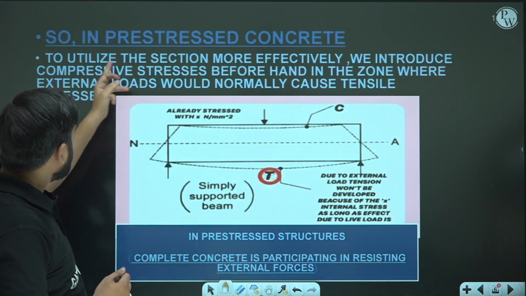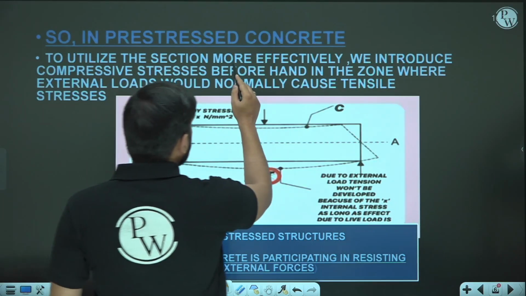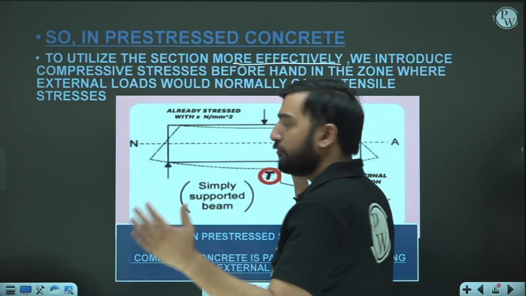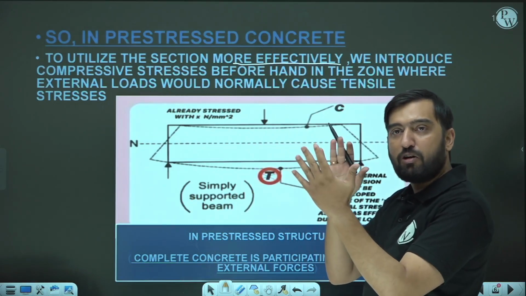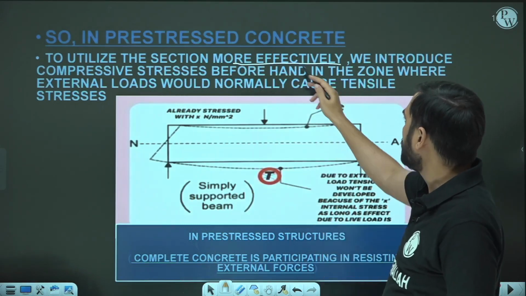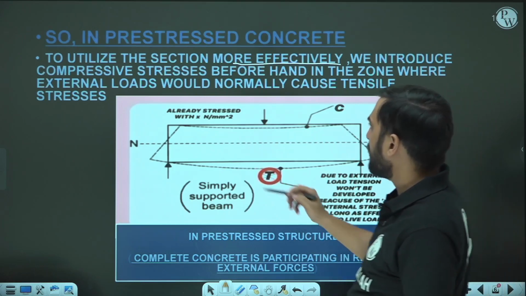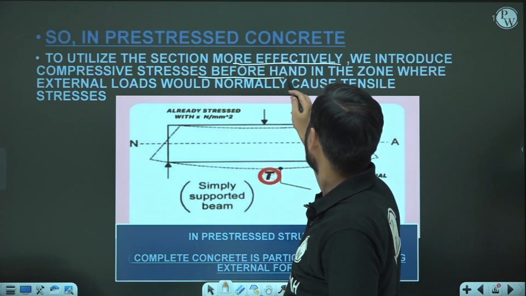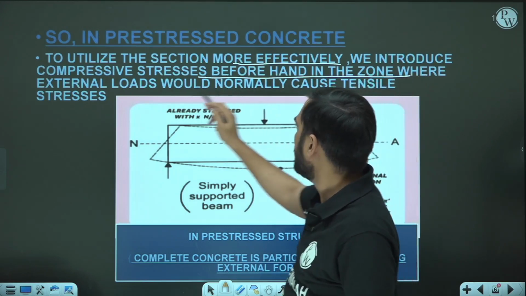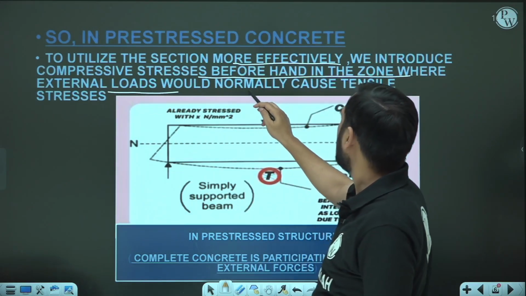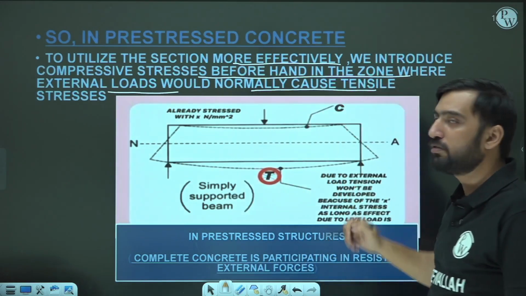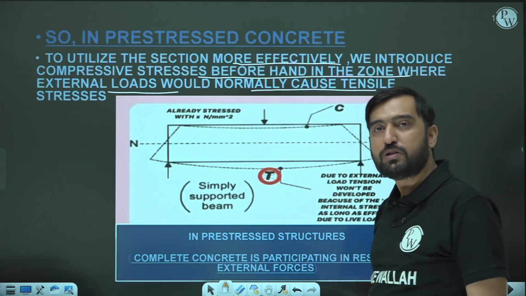To utilize this section more effectively, because if this cross section is already in compression, it is going to be utilized more effectively. So we are going to introduce compressive stresses before the application of external load. Okay, and those external loads normally could have produced tension.